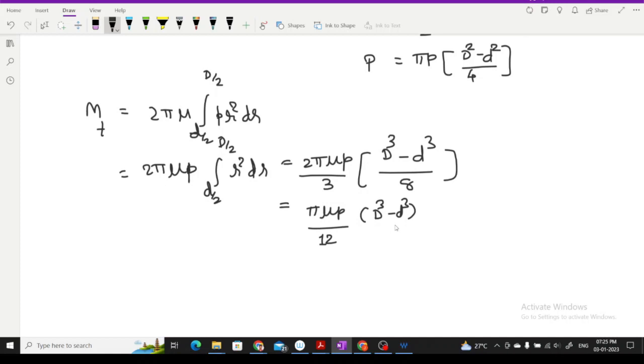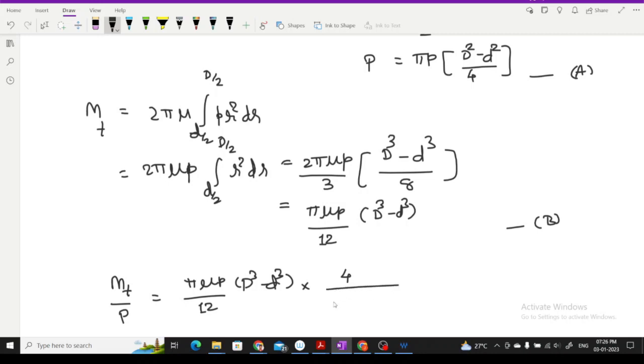Now let us write this equation as equation A, and this is B. If you divide this MT by P, right, then you will have pi mu p (D cube minus d cube) by 12, into 4 divided by pi p (D square minus d square), right?